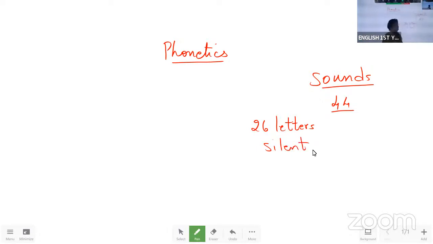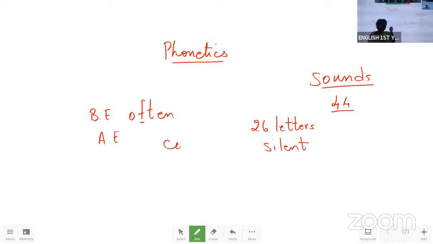The difference between American English and British English is American English does not believe in silent letters. So their pronunciation is different. When we pronounce often, F is silent. We say often in British English, while American English, they pronounce it as often.